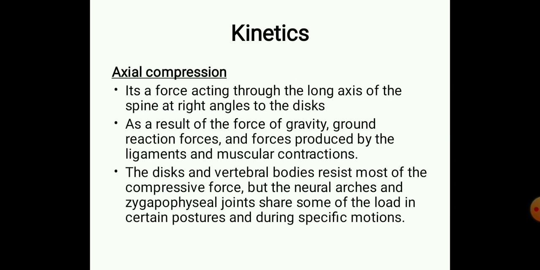It is a long axial force coming along the vertebral column as a result of gravity, ground reaction forces, and forces produced by the ligaments and muscular contraction. The spinal column is surrounded by ligaments and muscles, and gravity can also cause compressive forces on the spinal column.